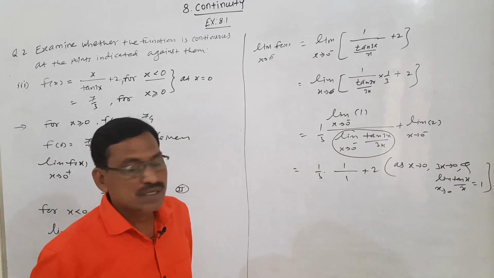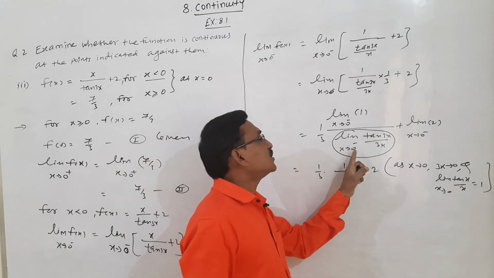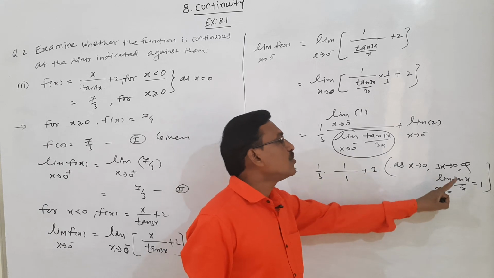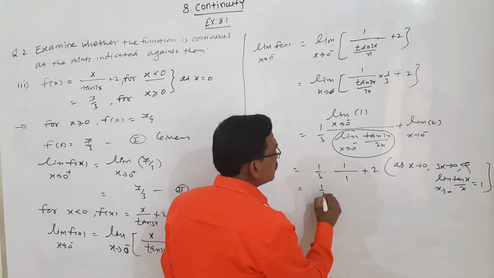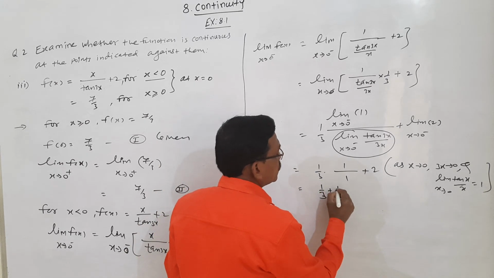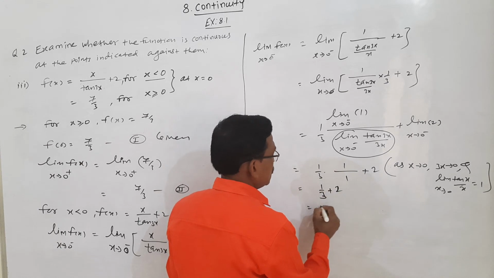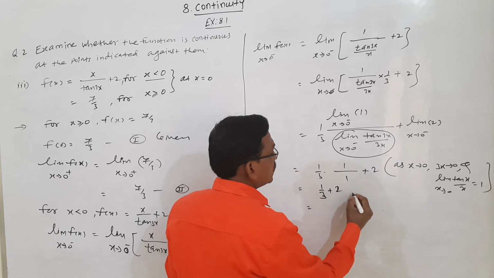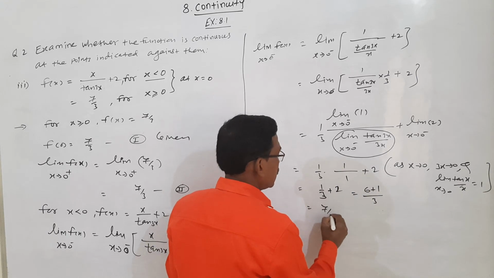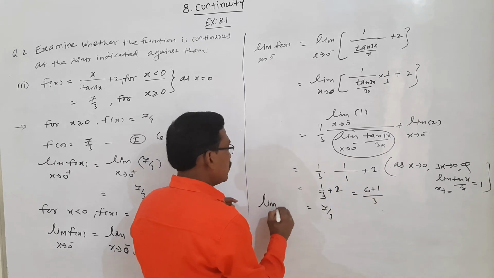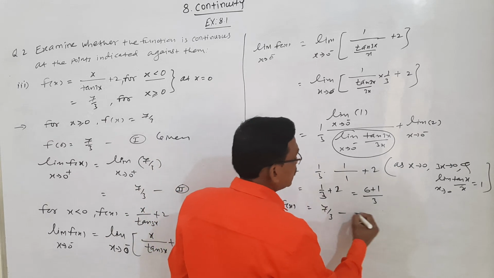So the limit of tan 3x upon 3x as x tends to 0 is 1. Therefore it is 1 by 3 into 1 plus 2, that is 1 plus 6 divided by 3, so it is 7 by 3. So the left hand side limit is equal to 7 by 3. Call this equation number 3.